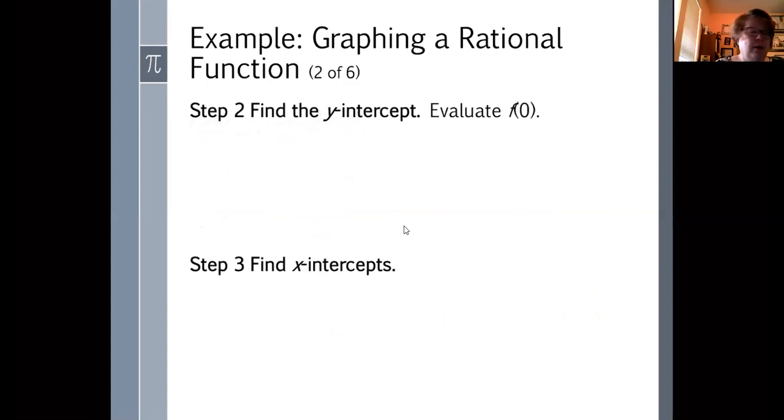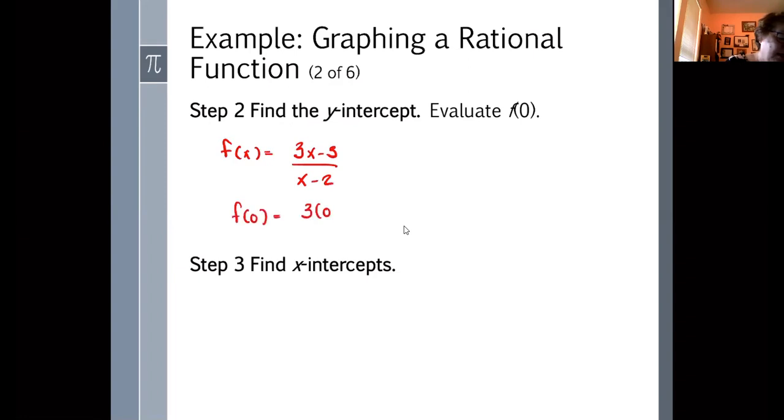All right, so the next thing we're going to do is find the y-intercept. And we're going to find the y-intercept by evaluating the function at x equals 0. So my function is f of x equals 3x minus 3 over x minus 2. So I'm going to evaluate this function at 0.